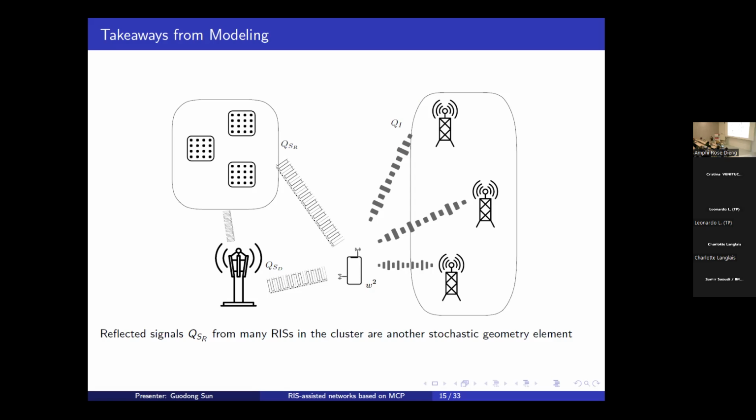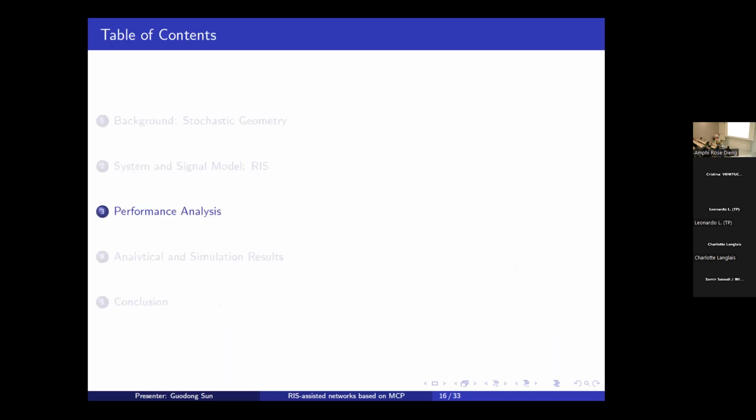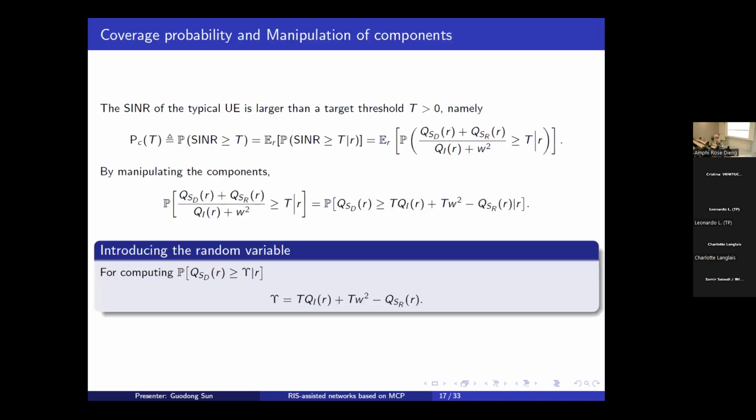So now you have a group of friends called RISes, reflecting your signals. It's a fair game. You have 4 players: the signal from the base station, and the fixed signal from RISes, competing with the interference from all other base stations, and the noise. This is the interplay of these nodes. And the introduction of these RISes brings new challenges in analysis. We will see in the next section, the performance analysis.